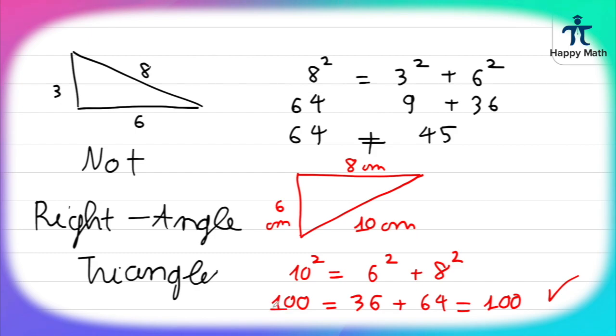Because this satisfies the Pythagoras formula, this is a right angle triangle. So the Pythagoras formula can also be used to check whether a triangle is a right angle triangle or not. You take the longest side squared and compare it to the sum of the squares of the other two sides. After that, you can make a conclusion about whether this triangle is a right angle triangle.